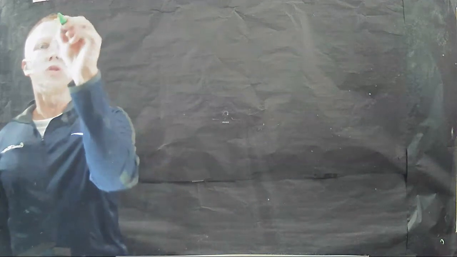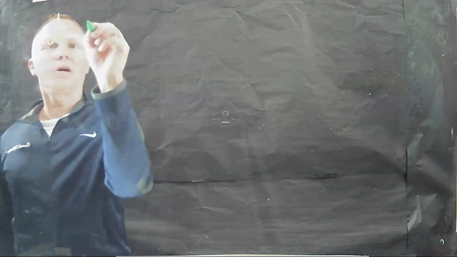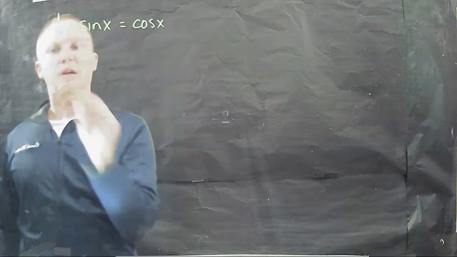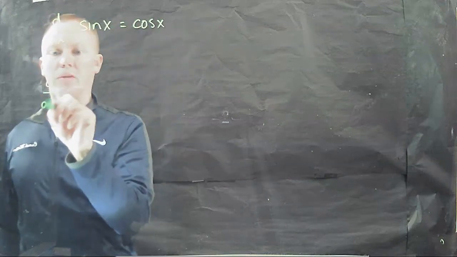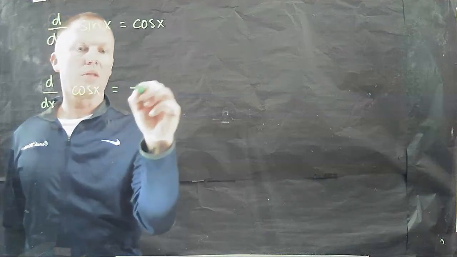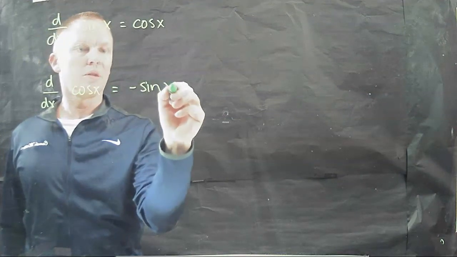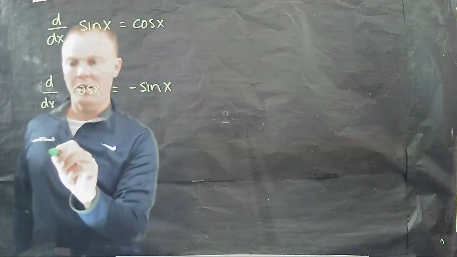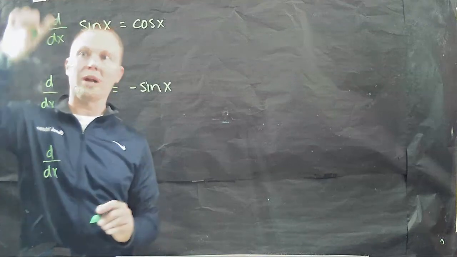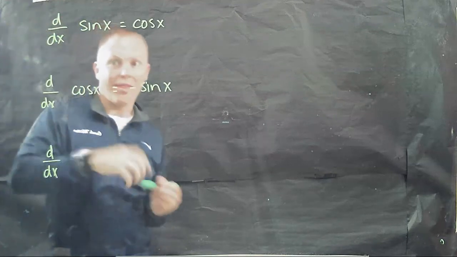Okay, ready? So here we go. The derivative of sine of x is cosine of x. The derivative of cosine of x is negative sine of x. Remember I'm using this notation here. When I write d over dx, that's a command.